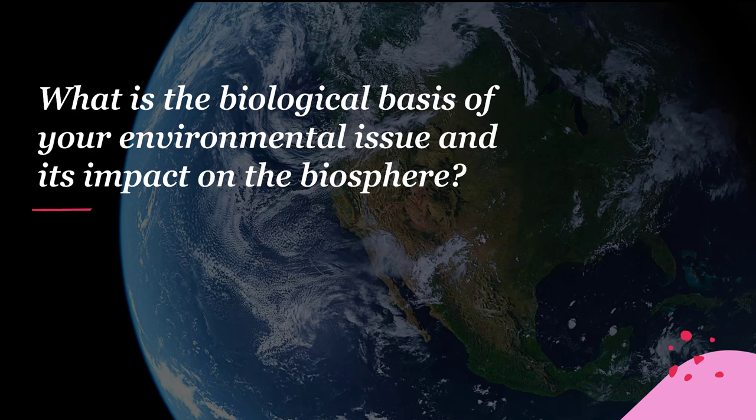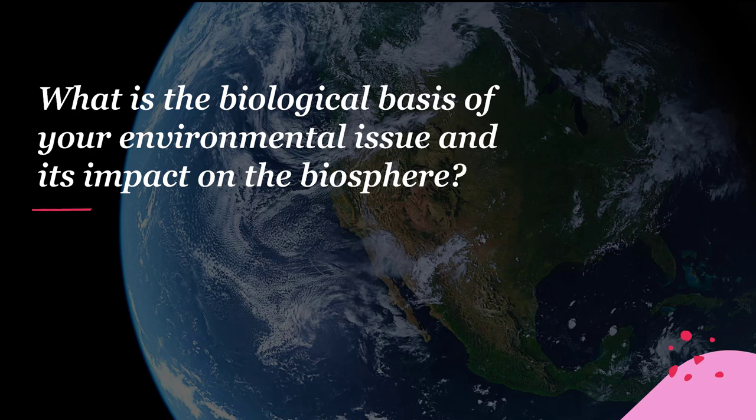And then, as we talked about in our earlier topics, certain metals, things like mercury and other toxins, can biomagnify throughout our food chain and become even more toxic as they go up the food chain.